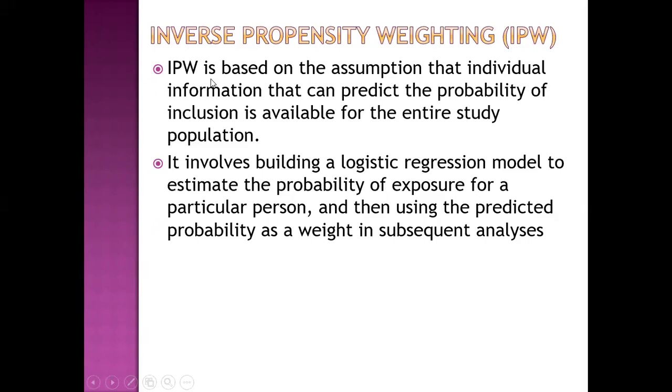Then another method is inverse propensity weighting. Inverse propensity weighting is based on the assumption that individual information that can predict the probability of inclusion is available for the entire study population. It involves building a logistic regression model to estimate the probability of exposure for a particular person and then using the predicted probability as weight in subsequent analysis.